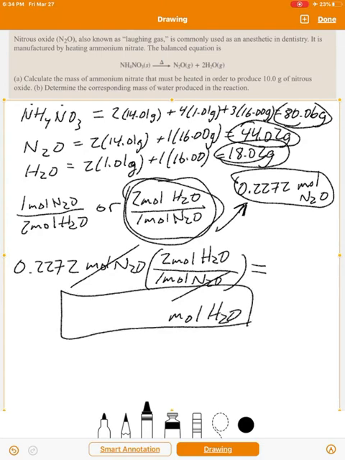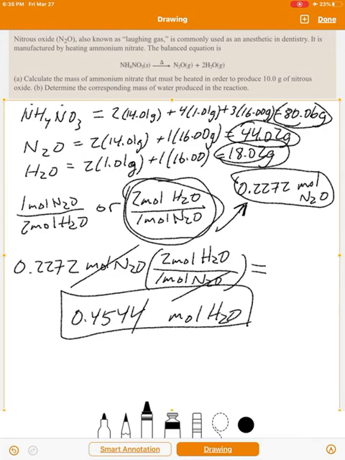So 0.2272, essentially you're just doubling it. And follow along, 0.4544 moles of water. But we want to know the number of grams.